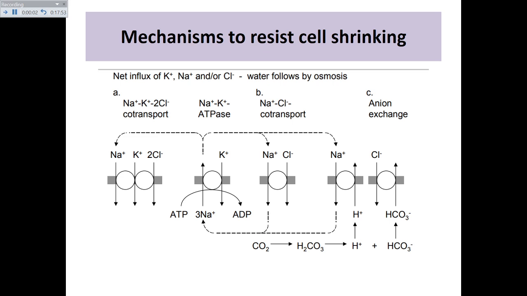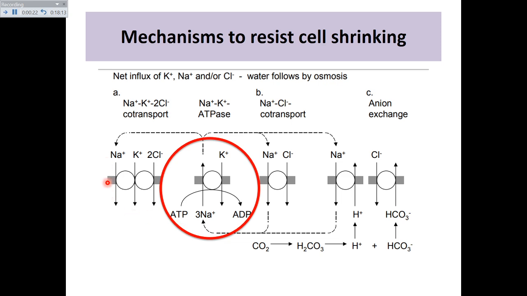What are the mechanisms to resist cell shrinkage? As we said, Na-K ATPase is the most important transporter that creates the Na gradient. So the Na gradient, low Na concentration inside, is a driving force for other transporters to work.